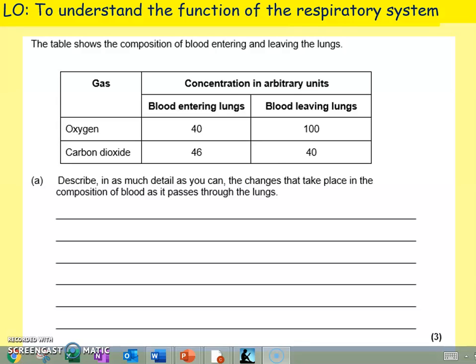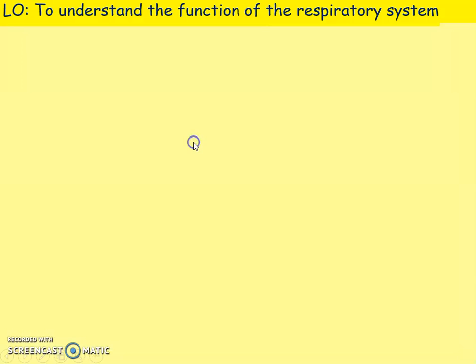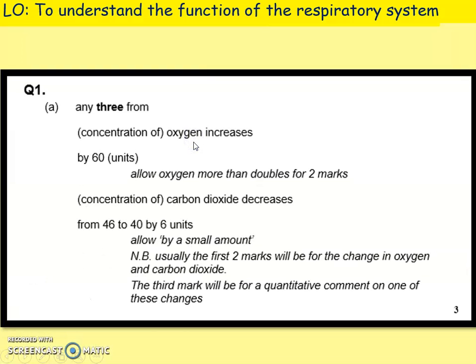So let's take a look at how it appears in the mark scheme then. So 3 marks then. 1 mark for saying oxygen increases. A second mark for using the data, so for 60. If you've said that the oxygen more than doubles, you will get that second mark. Now look at the concentration of carbon dioxide.